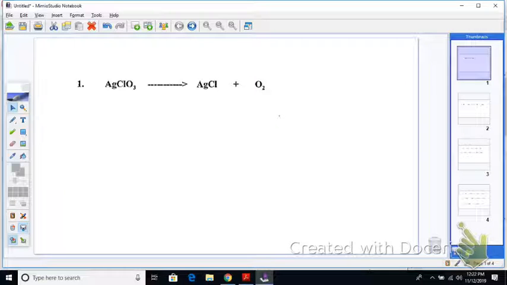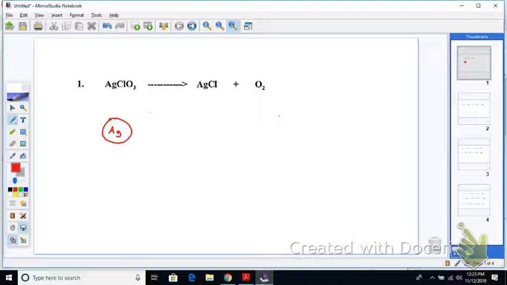The first thing is you guys will have to be able to draw these compounds out. So we did some drawing of compounds before. So I'll do this first one. To draw it out, I'm going to put the symbols inside the circles that represent that atom. So this first one is all together, AgClO3. I'm going to draw a circle, and then I'm going to put Ag there.